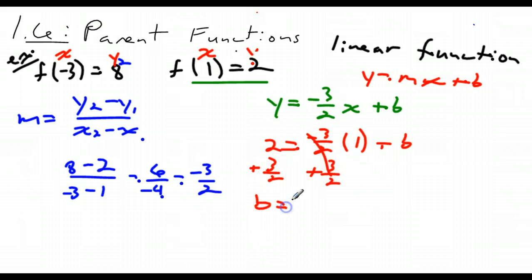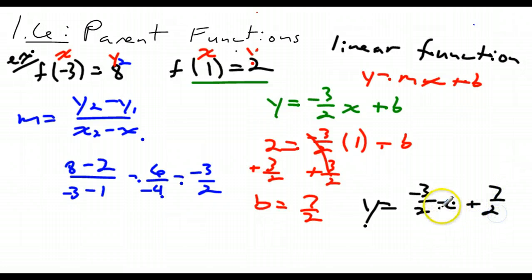I figure out that b is 3.5, which is 7 over 2. So now that I know b is 7 over 2, I can write my function as y equals negative 3 over 2x plus 7 over 2. I'm good to go.